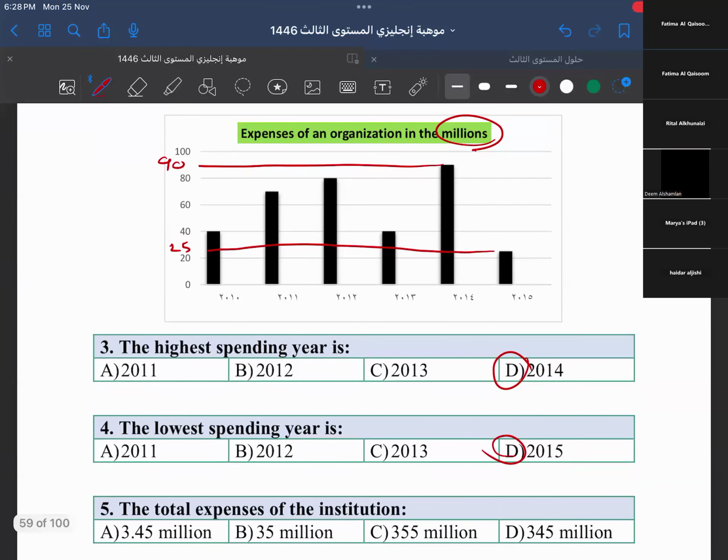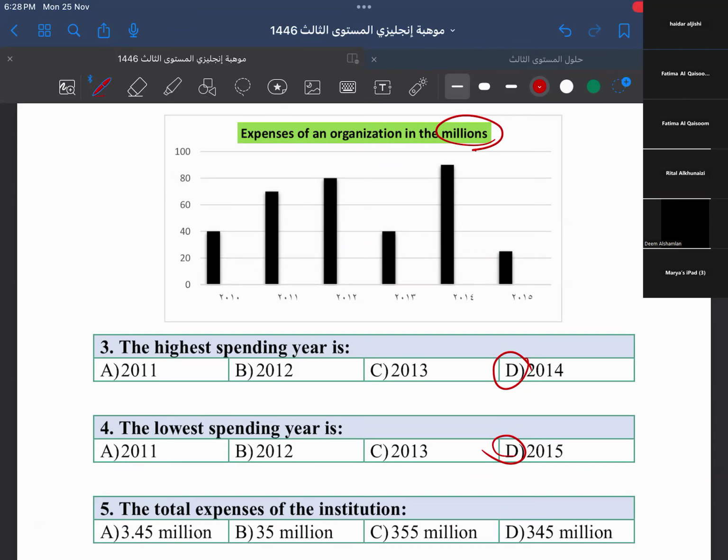Now, the next question asks about the total expenses of the institution. I want the total expense. So how am I going to find the total expense? Anyone? Amira, do you know how?